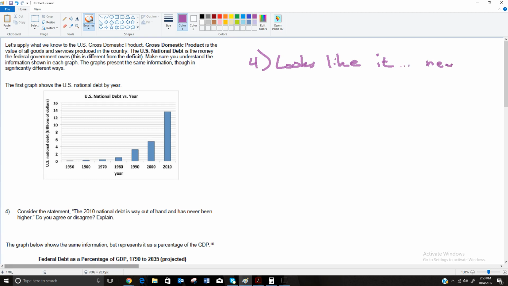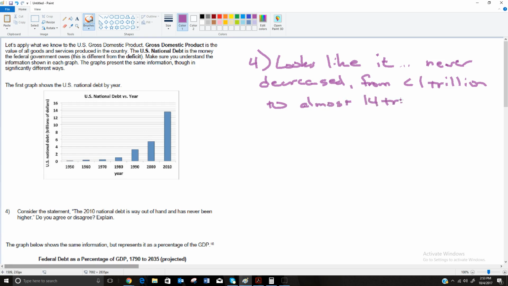I mean, it never went down. It never decreased. And it went from less than 1 trillion to almost 14 trillion from 1950 to 2010.